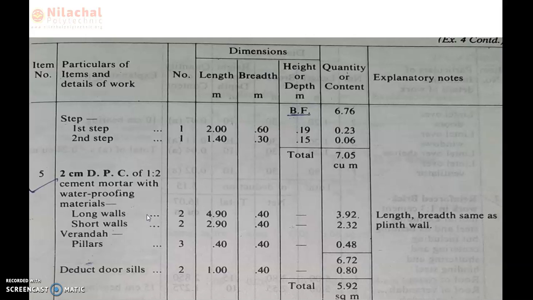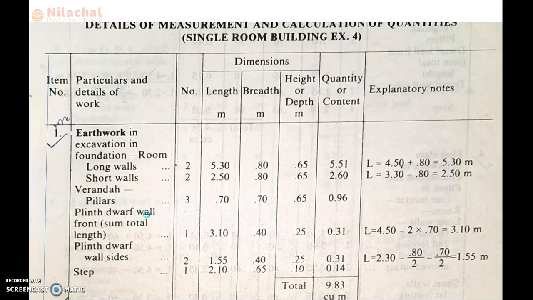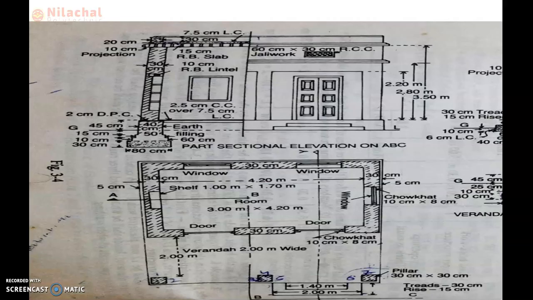What is the length? What is the breadth of DPC? We define the length and breadth of DPC from the diagram, right? So we need to check the diagram here. What is the position of DPC? Here DPC is provided, which is 2 centimeter DPC. After the plinth wall, we know the plinth wall thickness is 40 centimeter, which is equal to the DPC breadth.